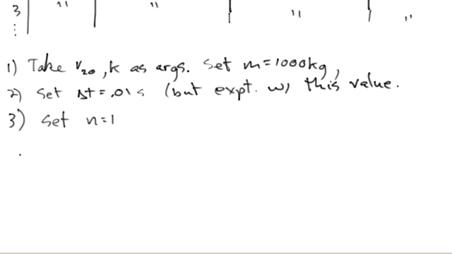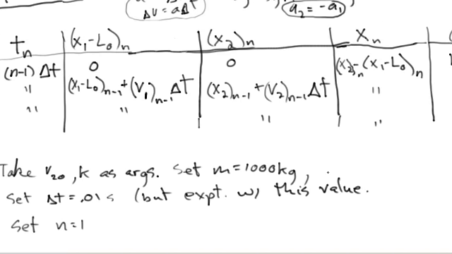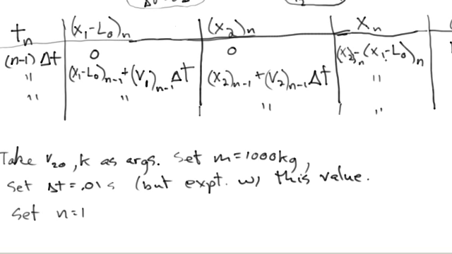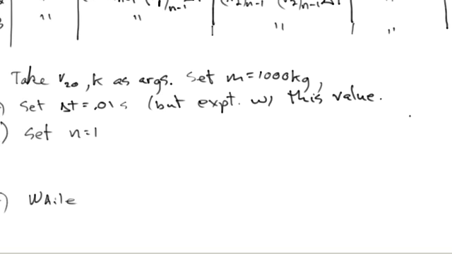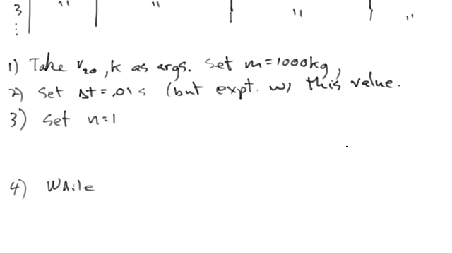I'll leave a little bit of room there in case I got some more stuff to set. I'm going to go for a while loop. What is our condition? I think xn is greater than or equal to 0. So xn is how much the spring is compressed, and as long as the spring is compressed a little bit, then we want to keep on going. The instant it becomes uncompressed, then we stop. So while x sub n is greater than or equal to 0, we want to do the following stuff.